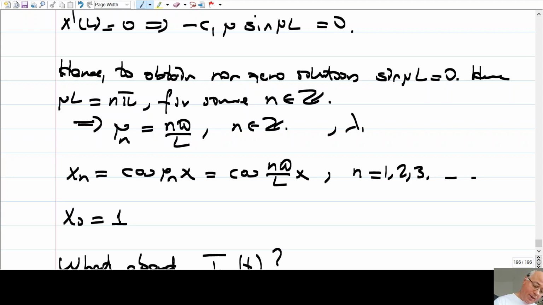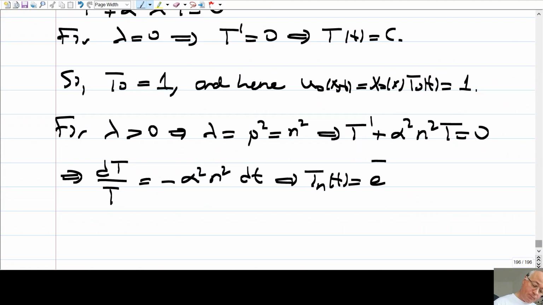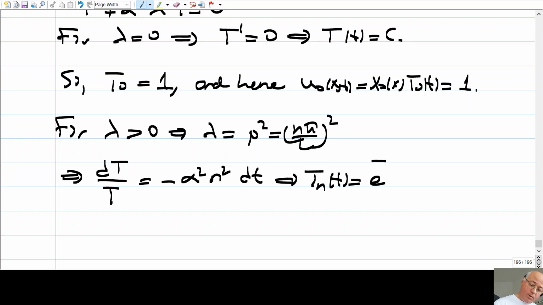Okay, lambda_n is mu_n squared, so it is n pi over L squared. So we have to be careful. N pi over L squared.